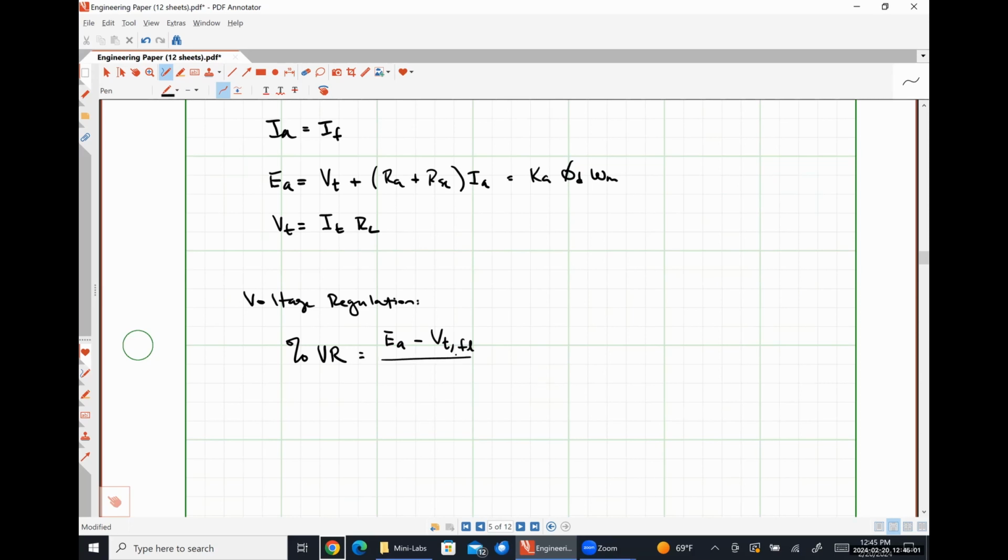So effectively, our terminal current needs to be whatever the machine is rated for, and then whatever voltage we see across those terminals is the voltage that we use, divided by our full load terminal voltage times 100%.